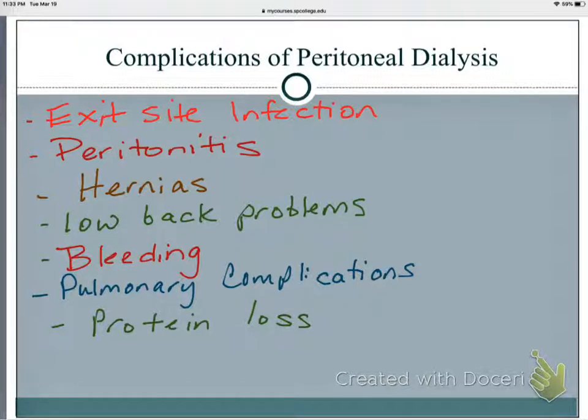Manifestations of peritonitis, what do you think we're going to see? Sore stomach. Good. Abdominal pain, rebound tenderness, cloudy peritoneal effluent with WBCs. If we did a gram stain, we may see it, right?